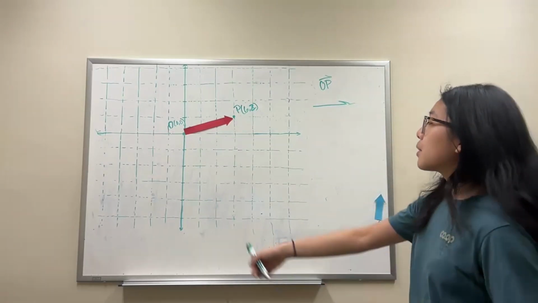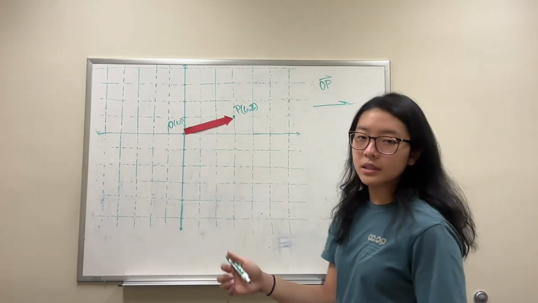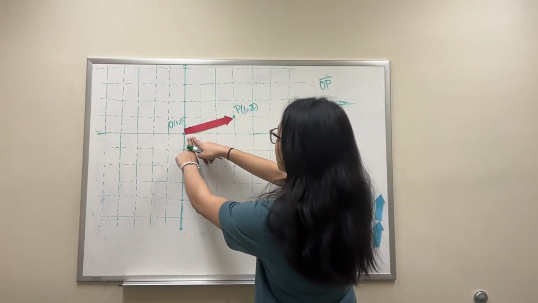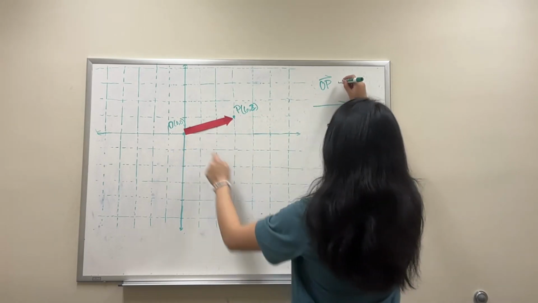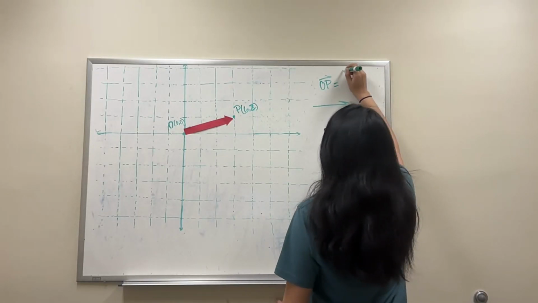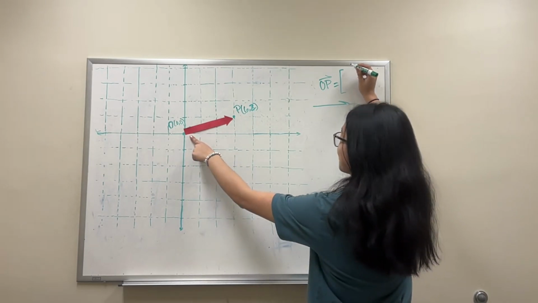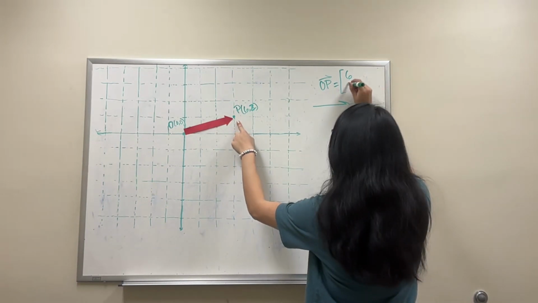And then we can also represent these vectors numerically using what are called components. The components describe in the 2D plane how much your vector goes in the x direction and how much it goes in the y direction.